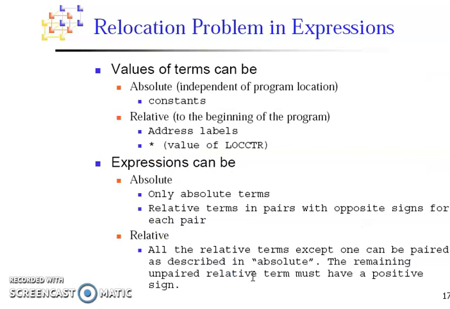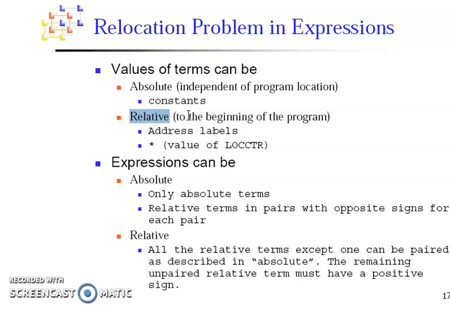By using expressions in the operand field, there is a chance of relocation problems, and this depends on the values. The values of the terms given in the operand field can be either absolute or relative. Absolute means it is independent of the program location, so if the operand is a constant, it will not be affected by relocation.